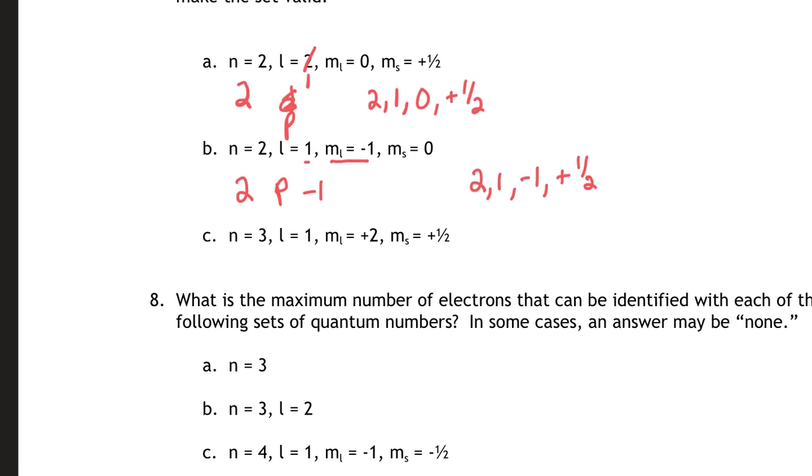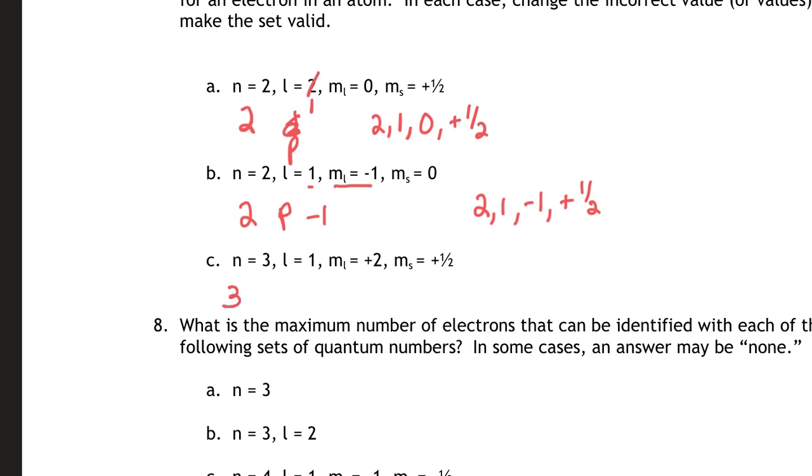Let's take a look at this next one. We're in the third energy level. Our l is equal to 1, so that's a p orbital, and yep, the third energy level does have a p orbital. Now, p orbitals, does it have a +2? Remember, there's only 3 of them: 0, -1, and +1. Well, there's no +2, so let's just change that to a 1.